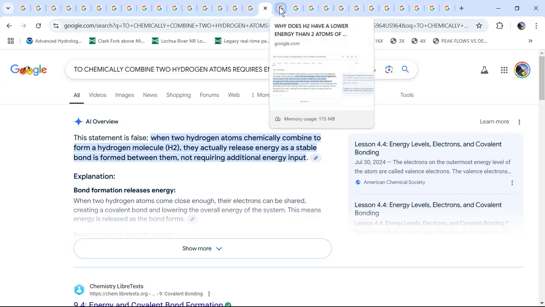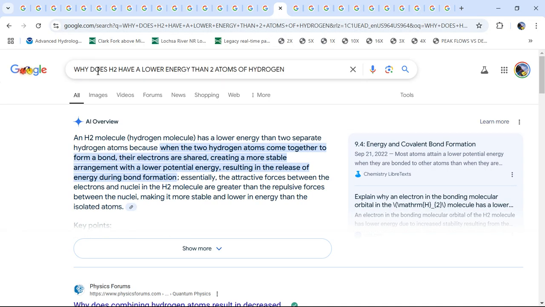And so we're going to ask some questions about why. Why does H2 have a lower energy than two separate atoms of hydrogen? And it says because their electrons are shared, but more specifically, I think I asked the question again.